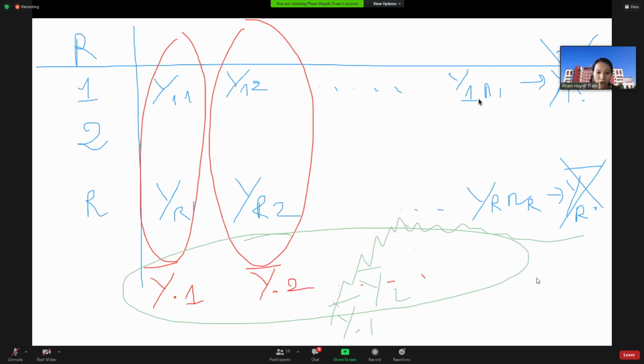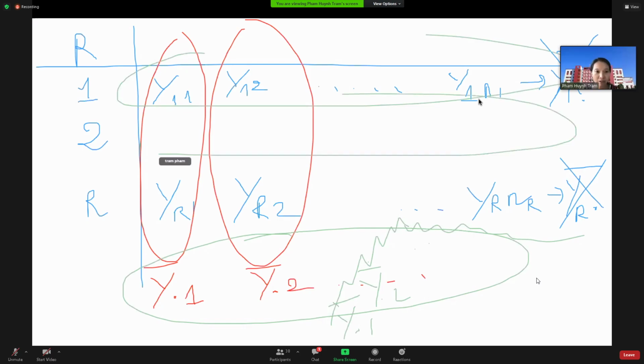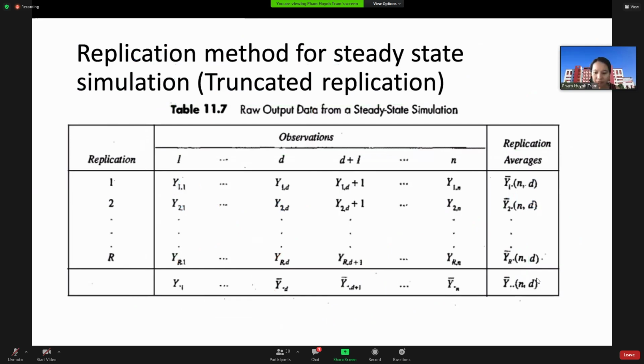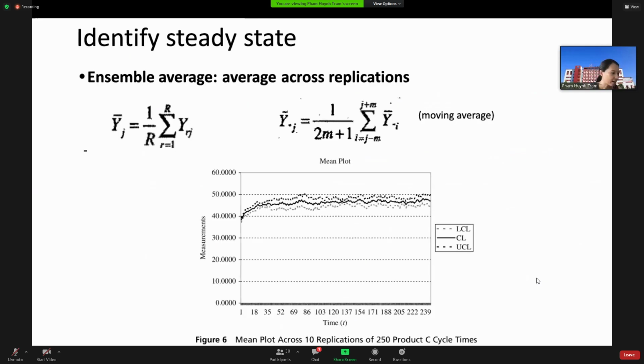So in short, instead of plotting all of these, which makes it very difficult to observe, you can plot the average like this one. That is what we call the ensemble average. We plot the average of the output across replications.